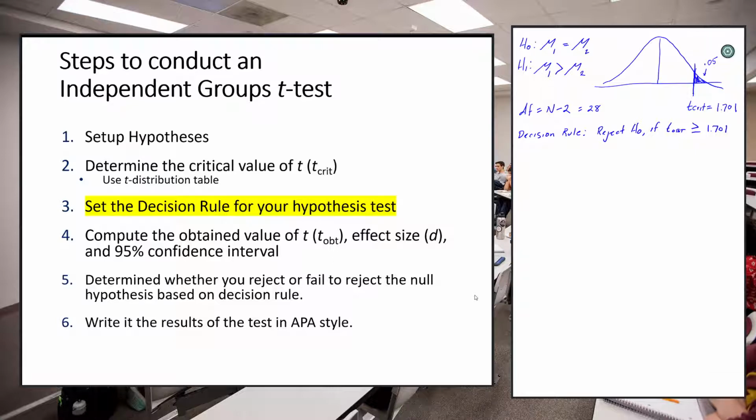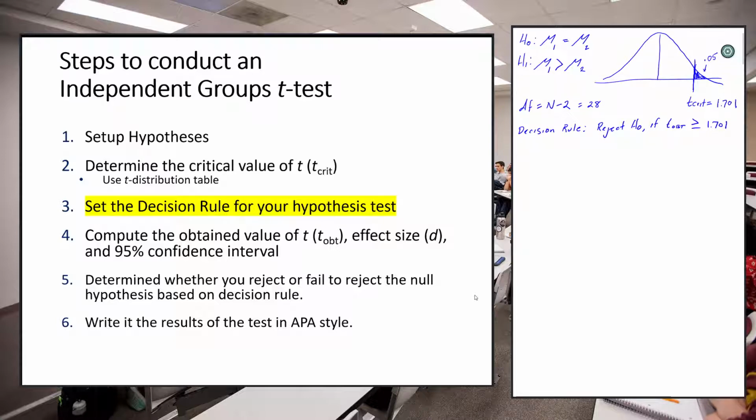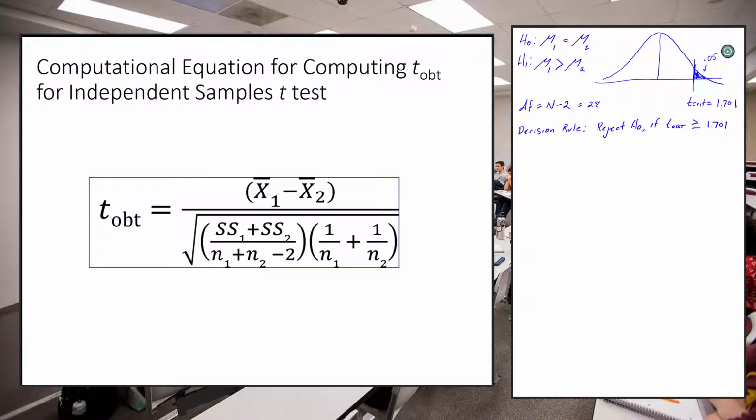Okay, so we've set our criteria, and now we need to compute the obtained value of t, and then we'll compute the effect size, and then we'll compute the 95% confidence interval for this mean difference. So here is our t equation again.